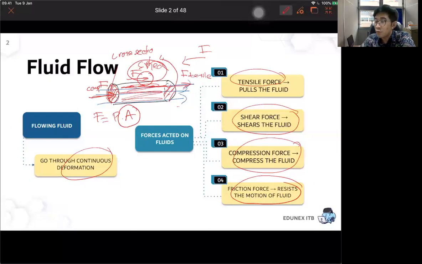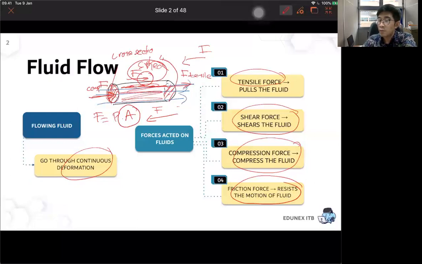The direction of the force is backwards. Ya, jadi arah gaya friksi itu ke belakang. It is backwards, so the higher the friction force, the lower the velocity. It will reduce the velocity.